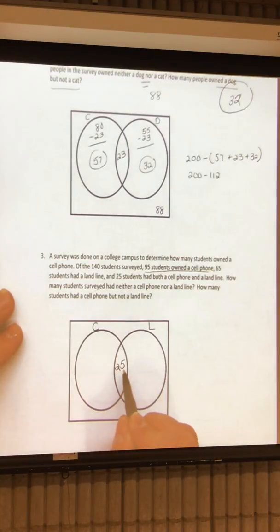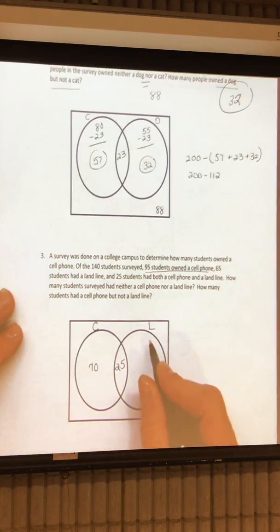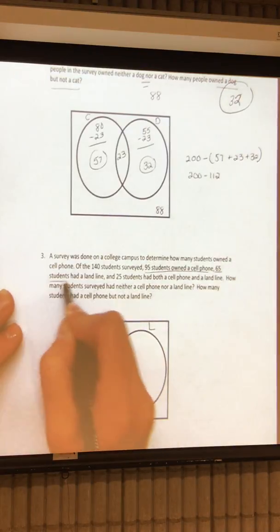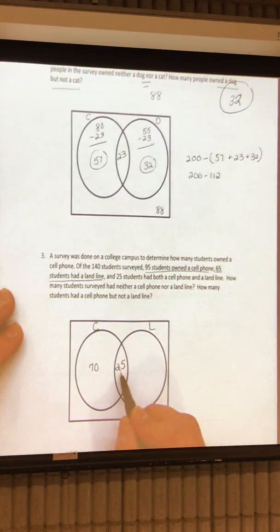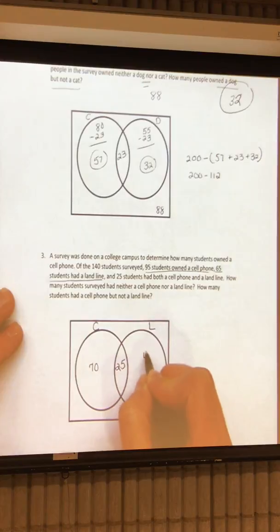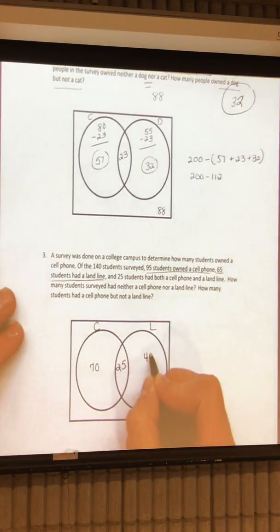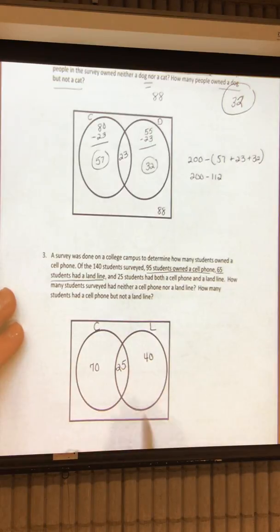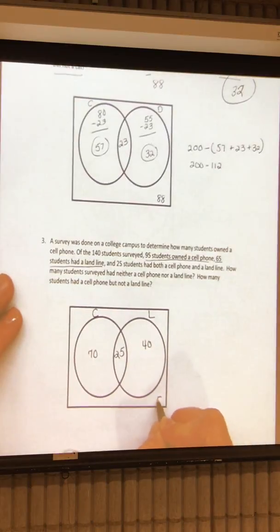So we do 95 minus 25, and that's 70. And landline, we have 65 students owned a landline. So we have 65 minus 25, and that is 40. And then here on the outside, we add 70 plus 25 plus 40. And then we have 140 minus that total, which is equal to 5.